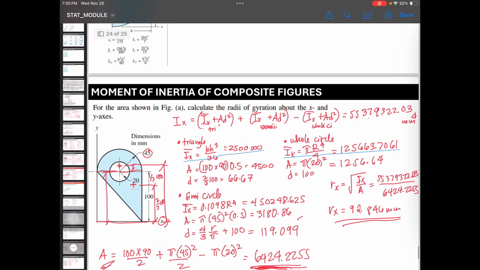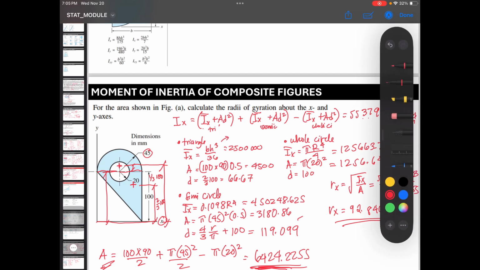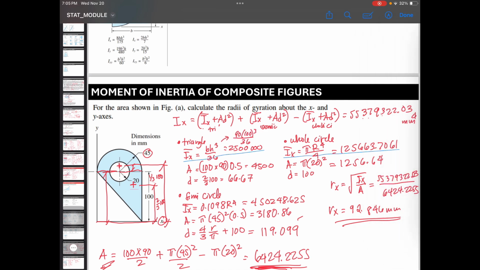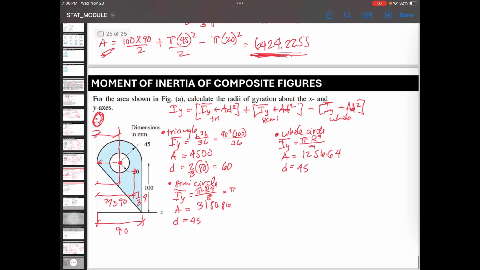Hindi ko pala nasulat yung b dito is yung 90. Naka-cube is 90, dahil 100 siya yung height. I hope everybody got that. Hindi ko sinulat kanina, no? And then, for the circles, r lang naman yan. Alam nyo na yung mga r nila. So, ayan.